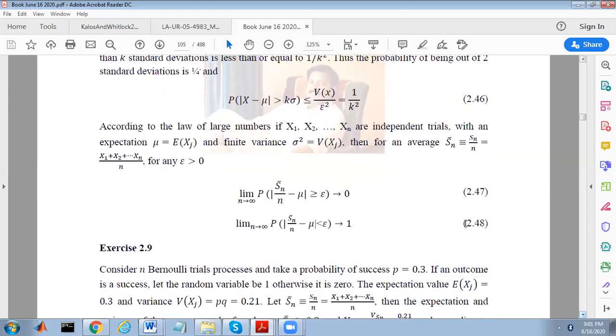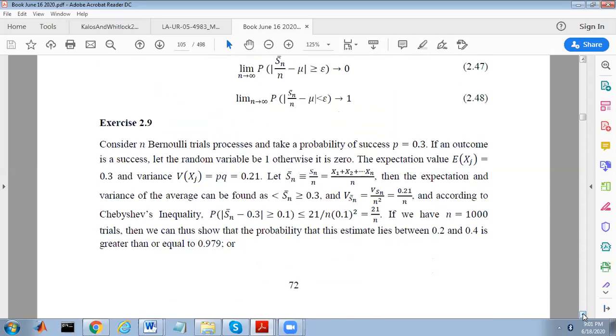So if you want to get the mean value over here, you take the sum divided by n. How far are you from the mean? You would like to give an answer in the limit of the law of large numbers, that you would like to reach this value. And this is a little exercise for you to do with Bernoulli trials.